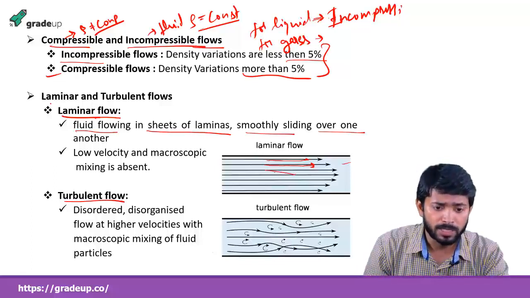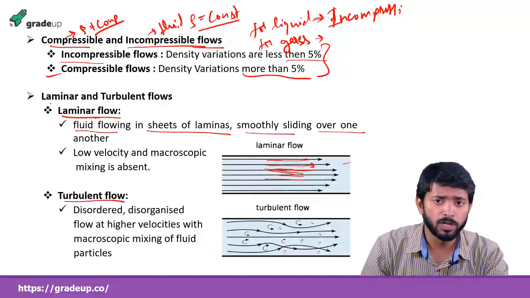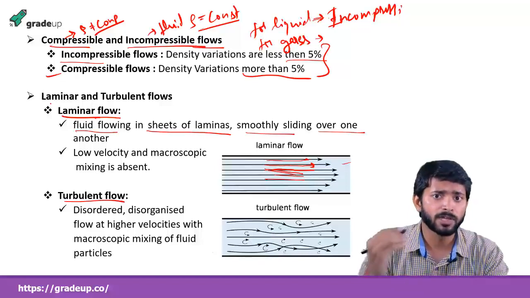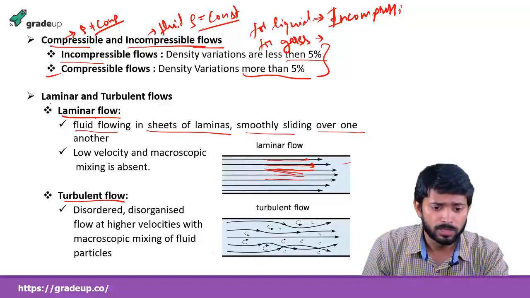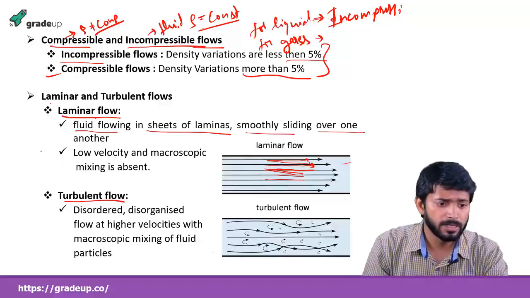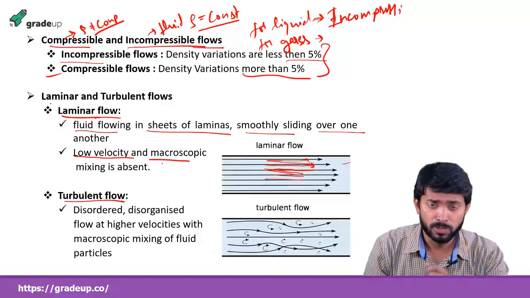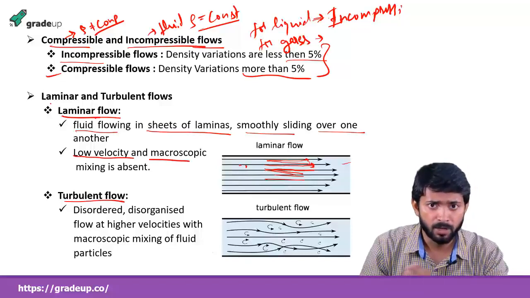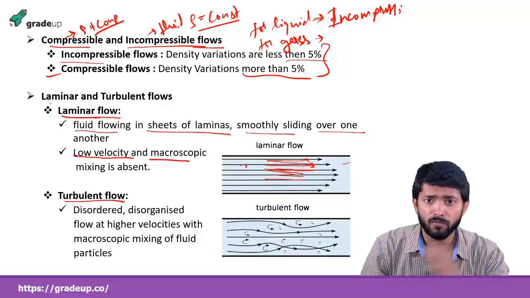There is no mixing in the layers, which means no molecules or elements of fluid transfer from one layer to another. There is smooth sliding. Generally laminar flow occurs at low velocity, and here no macroscopic mixing is available, that is, no mixing of fluid elements from one layer to another.